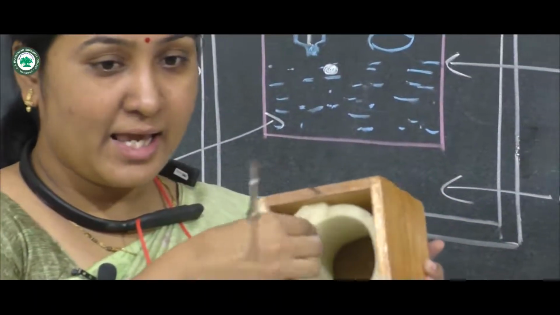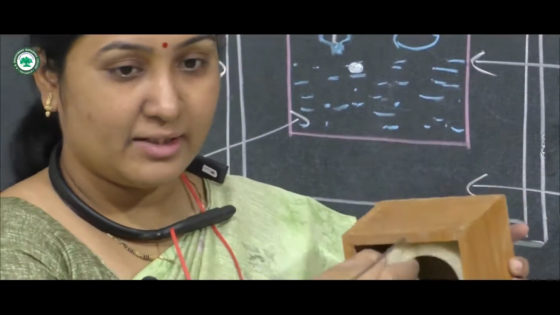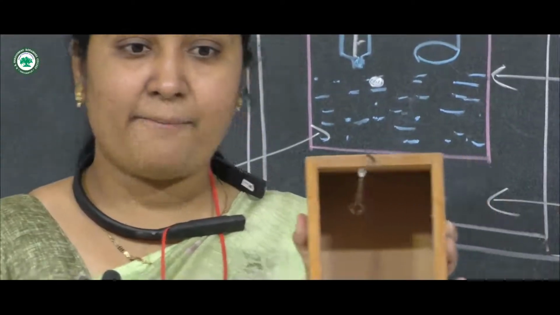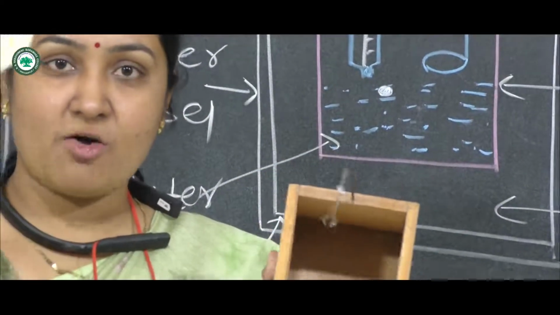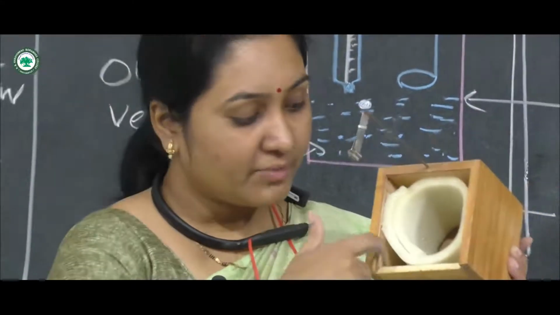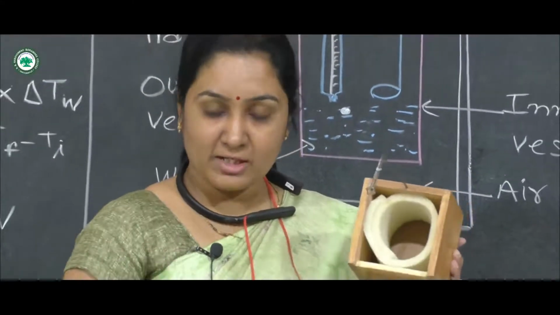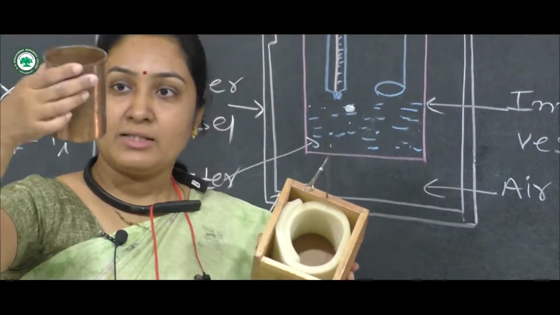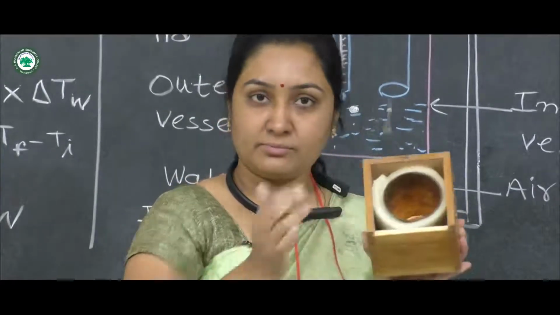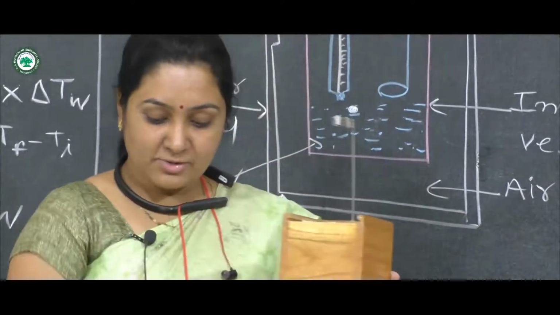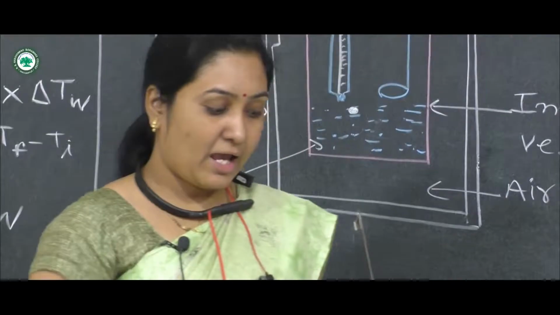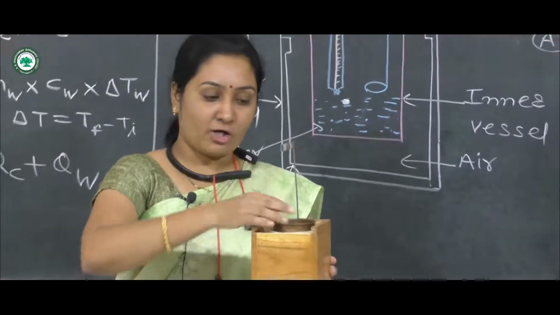Then this is an insulating jacket. This is a plain wooden box which consists of an insulating jacket for insulation of heat. Here there is air for insulation. Then this is the inner vessel or calorimeter which we keep here. This calorimeter is filled with some water.